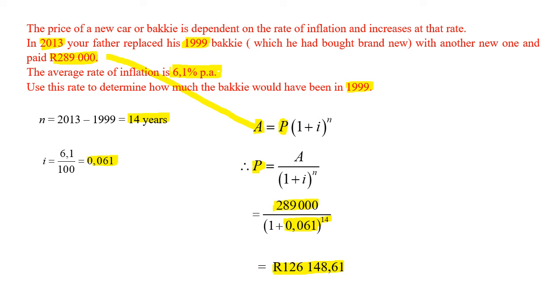Also, know that you must expect examples where there's a comparison between different types of investments. It could be a comparison between simple and compound, compound and compound with different interest rates, with varying time periods, whatever the case may be. You show all calculations and you must answer the question. Like the previous one asked which investment is the better one.